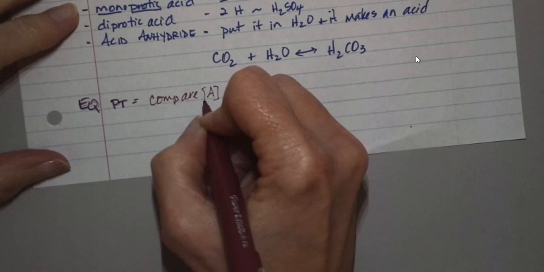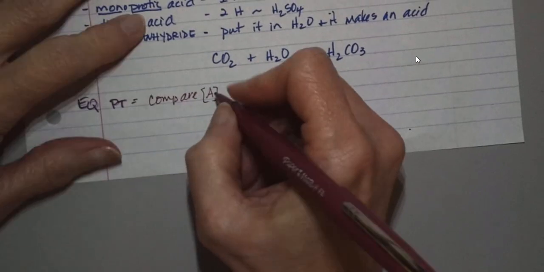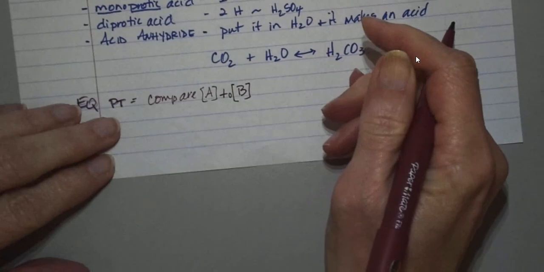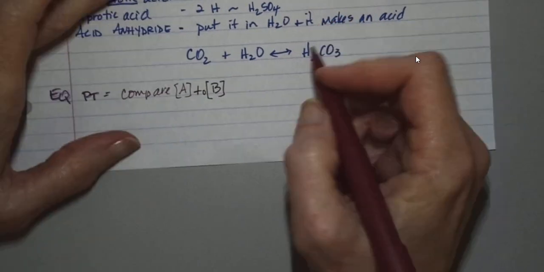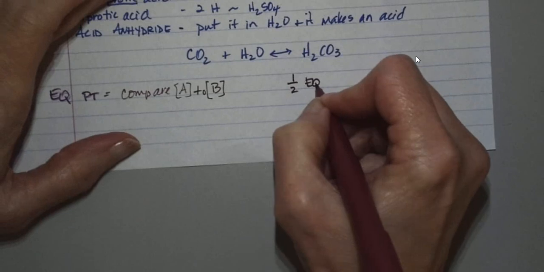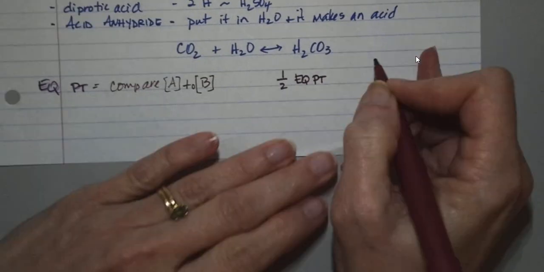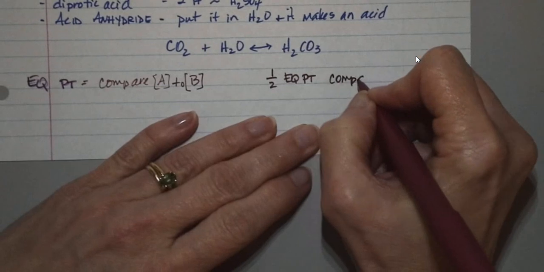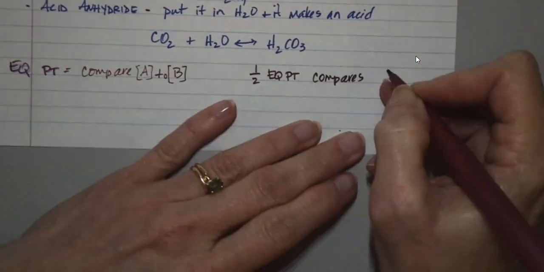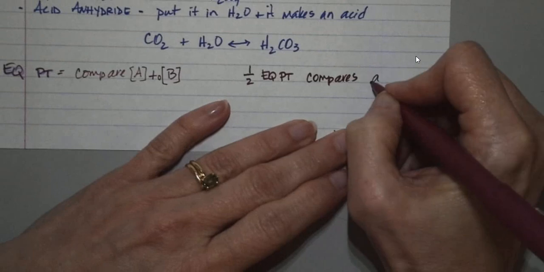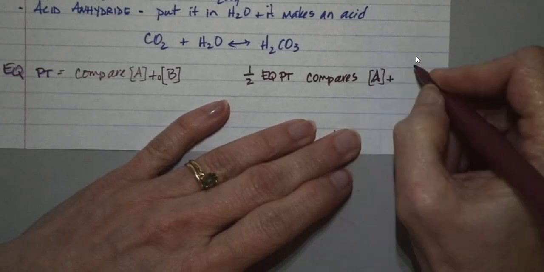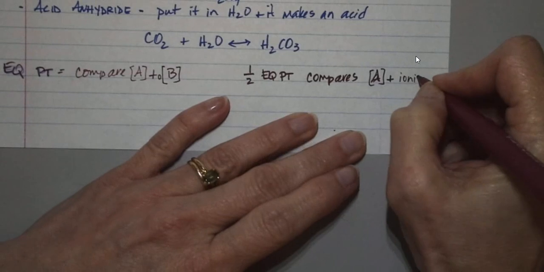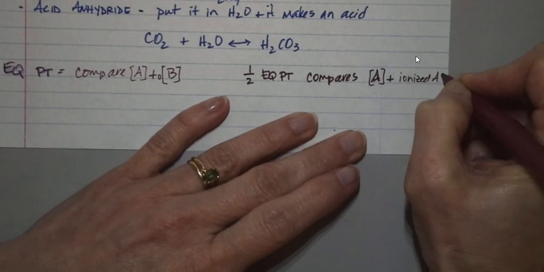The half equivalence point compares the acid concentration plus the ionized acid to the base concentration plus the ionized base. So it takes more into account.